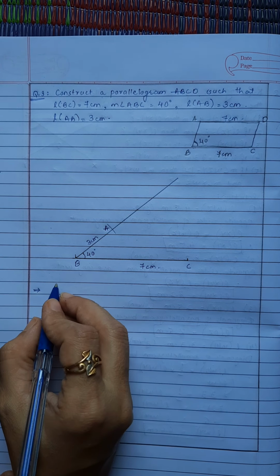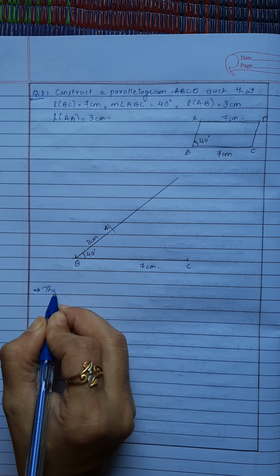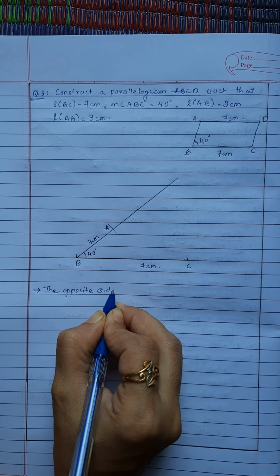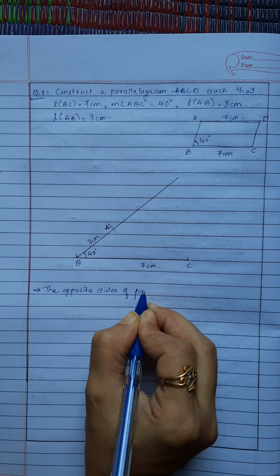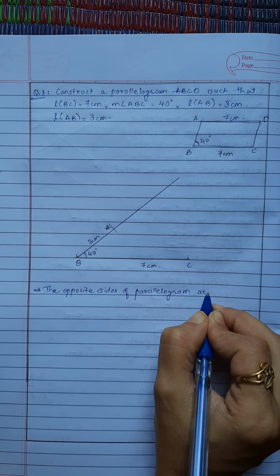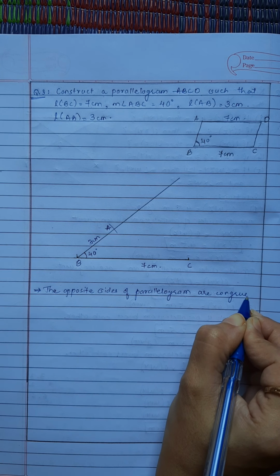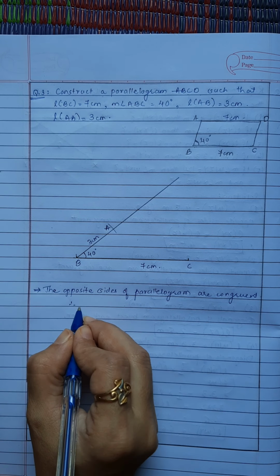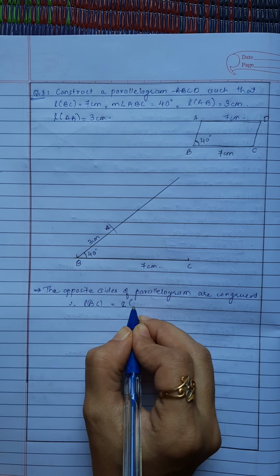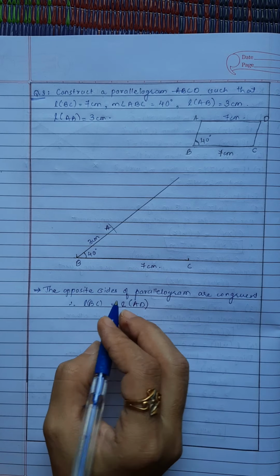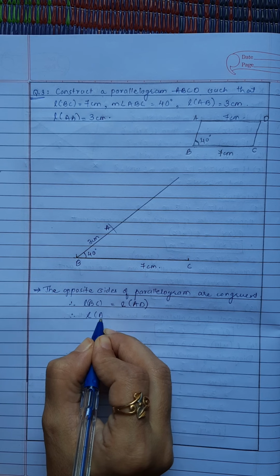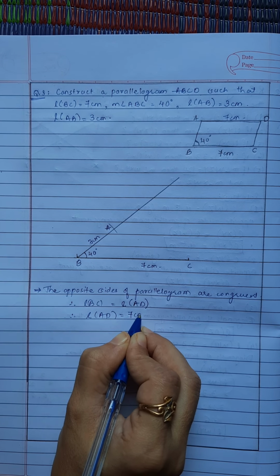So write the property: the opposite sides of a parallelogram are congruent. Therefore, length of BC will be equal to its opposite side, the length of AD. We do have BC given. So therefore, length of AD will be 7 centimeters.